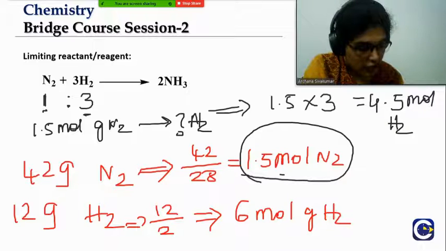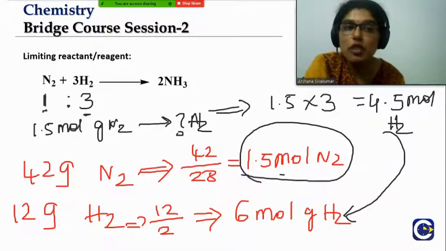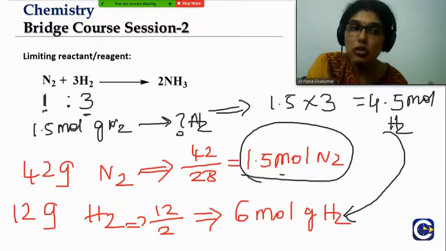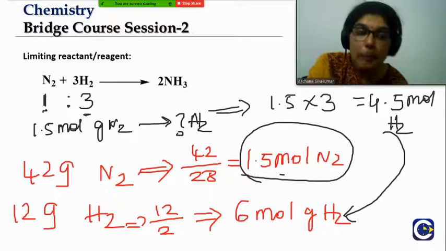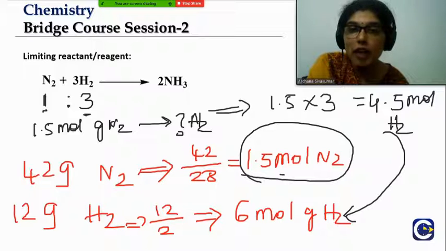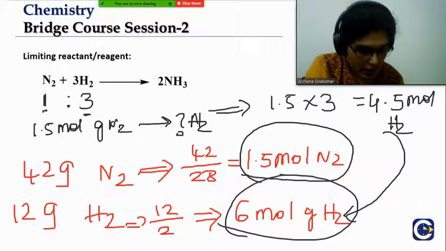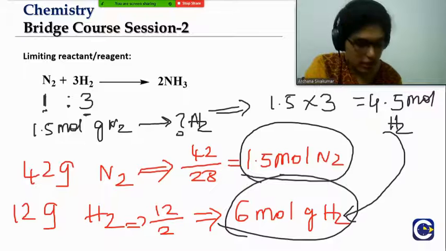But what is actually present here? 6 moles of hydrogen is present. Is 4.5 moles greater or 6 moles? 6 moles is greater. That means when I take 1.5 moles of nitrogen, 4.5 moles of hydrogen will be used up and the remaining 1.5 moles of hydrogen will be left out. It will not react. So which is the excess here? Hydrogen is in excess and nitrogen is the limiting reagent.